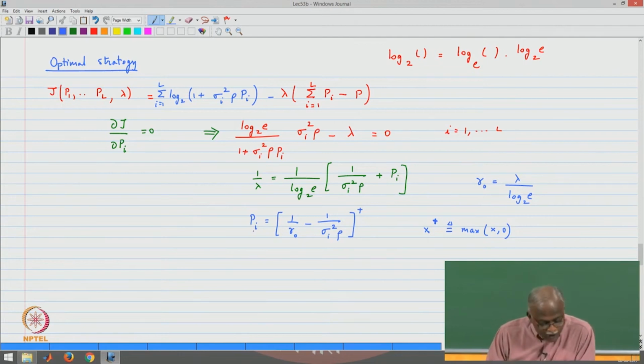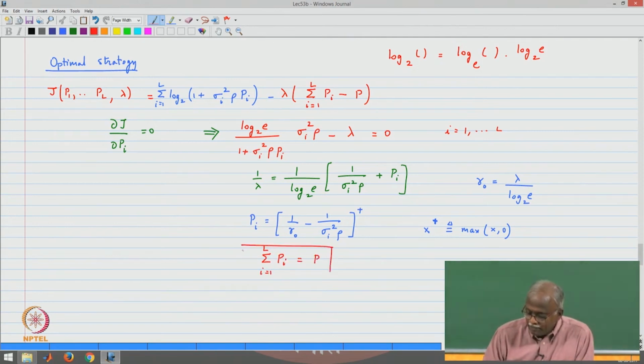Now, with these PIs we want to find out the value of gamma naught, or in other words the value of lambda, such that the condition is satisfied. So, the summation of pi for I equal to 1 through L must be equal to p.